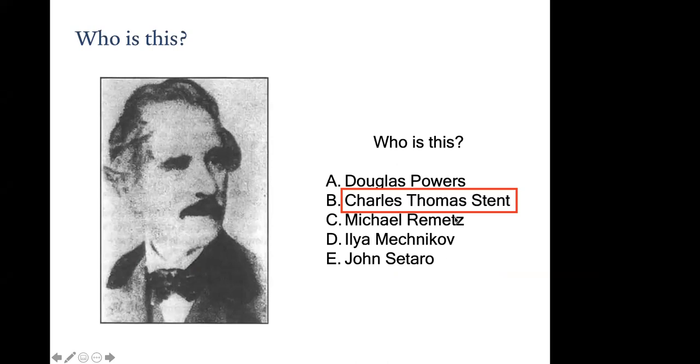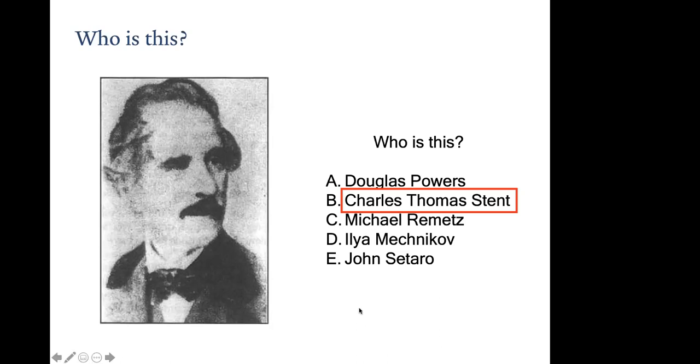Dr. Stent took a compound called gutta percha, which is actually still used as a medical filler, derived from a plant that grows in Southeast Asia. And then he added glycerin and stearine and a few other things to it to make it a little bit more firm. That was his first concept of using this compound in a biological sense to hold things open.